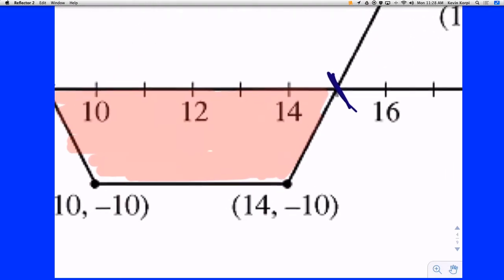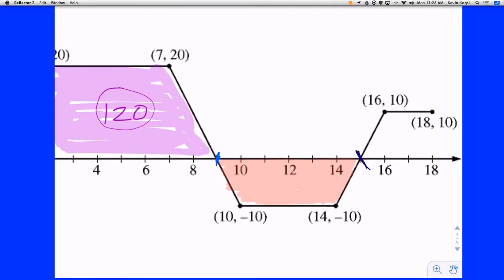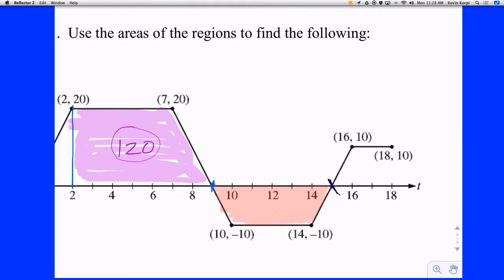The height is 10, and so half of that is 5. Then we multiply that by the sum of the bases. From 9 to 15 is 6, and from 10 to 14 is 4. So 6 plus 4 is 10, times another 5. 10 times 5 is 50.